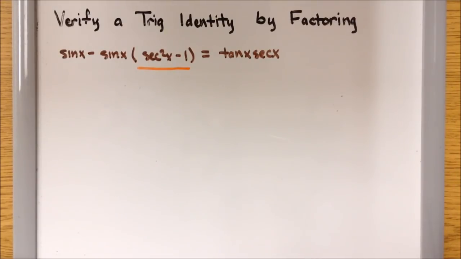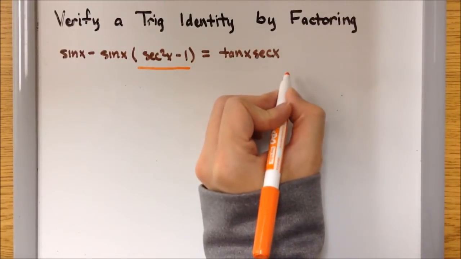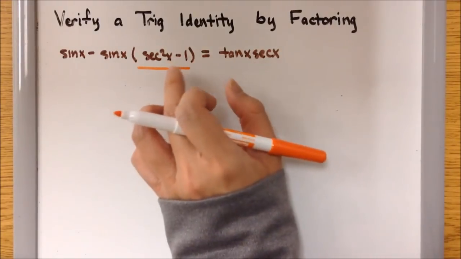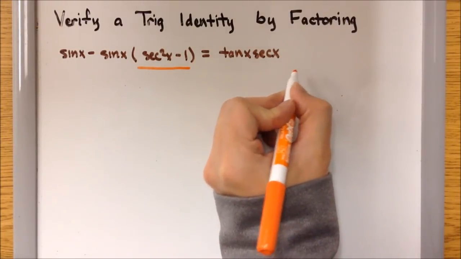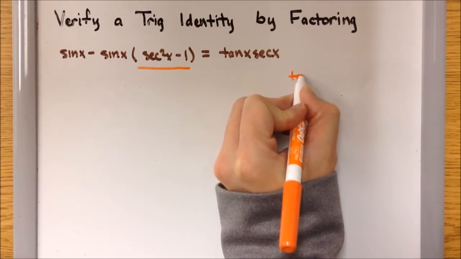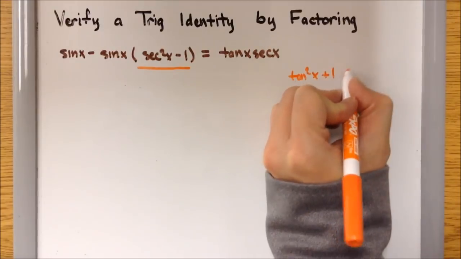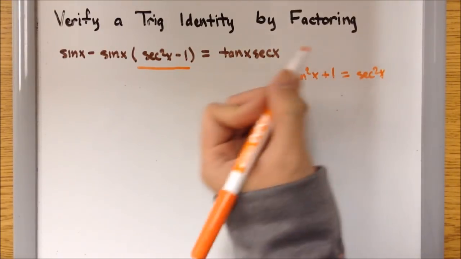Going back, if you take a closer look at the Pythagorean identity, we can use tangent square of x plus 1 equal secant square of x.